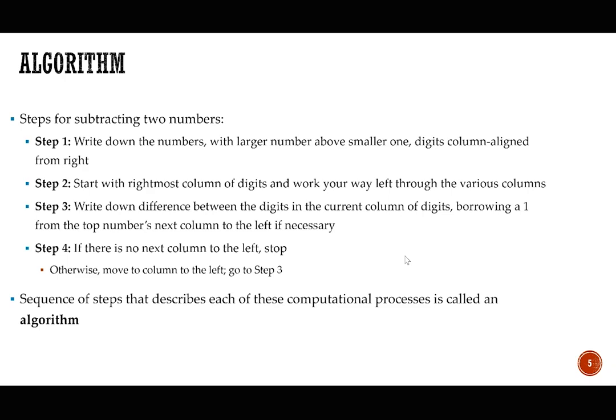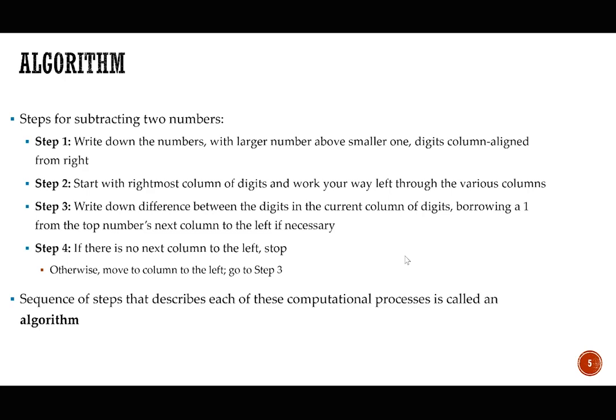You can write down the numbers and just try this step 1. And then step 2, we start with rightmost column of digits and work our way left through the various columns. And step 3, write down the difference between the digits in the current column, borrowing a 1 from the top number's next column to the left if necessary.